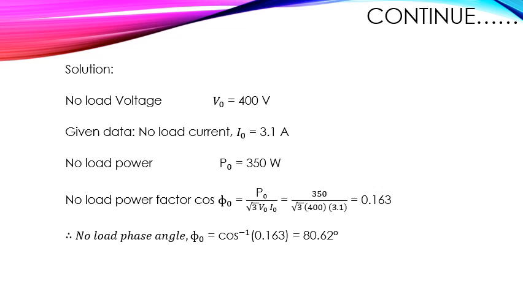So no load power is 350, no load voltage is 400, and no load current is 3.1. Putting in those values, we get the no load power factor as 0.163. Then find the no load phase angle by taking the cos inverse of 0.163. So the no load phase angle is 80.62 degrees.